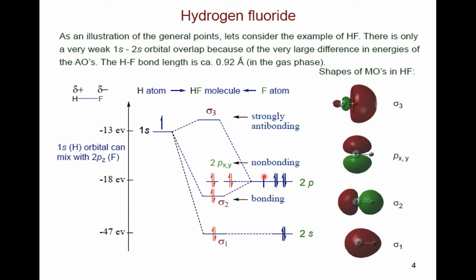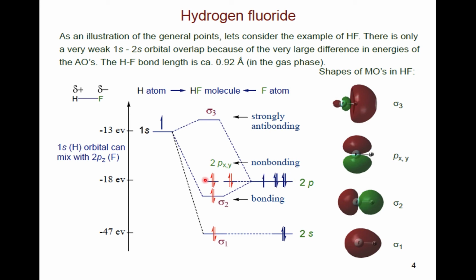Then most of the bonding comes from the 2pz interacting with the hydrogen 1s to form a strong bond and an antibond. And what are we left with? The other two, the px and py, are incapable of bonding to the hydrogen. So they go over with roughly the energy they had in the fluorine atom.